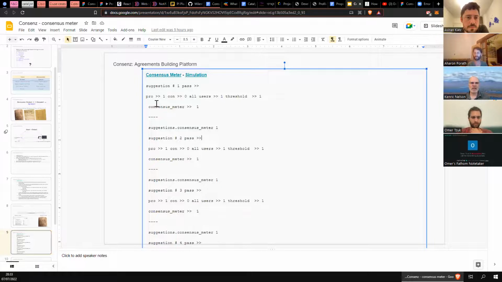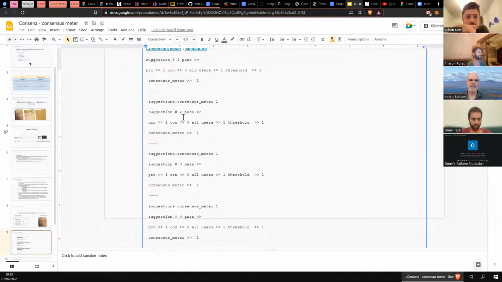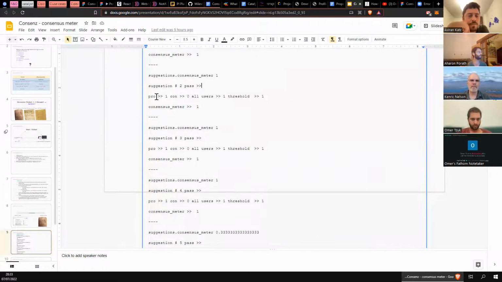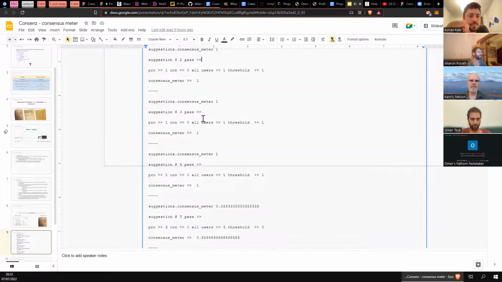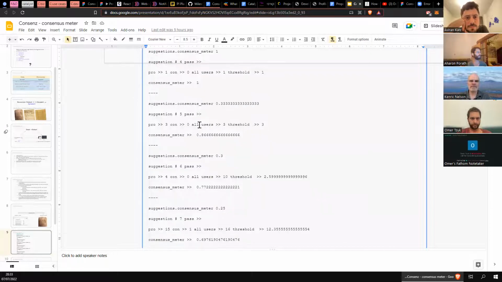This simulation always brings more participants to the process and determines randomly if they are a supporter, an objector to a specific suggestion, or just a participant that did not vote. You can see we start with small numbers: one pro, zero con, one user, and the consensus meter stays on 1 at the beginning.